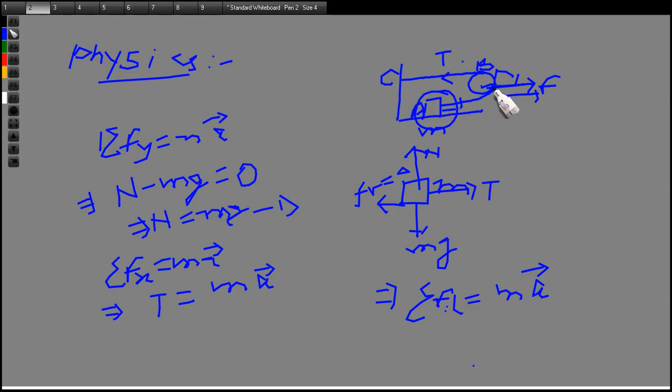As we can see, this F is acting along this pulley, so for this pulley we can write F minus 2T, because in the x direction this F is there, and in negative x this T plus T, total 2T, is equal to mass into acceleration.